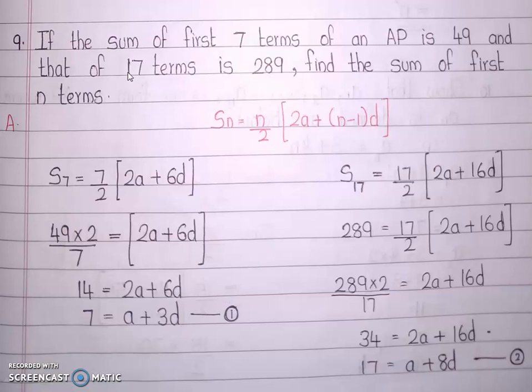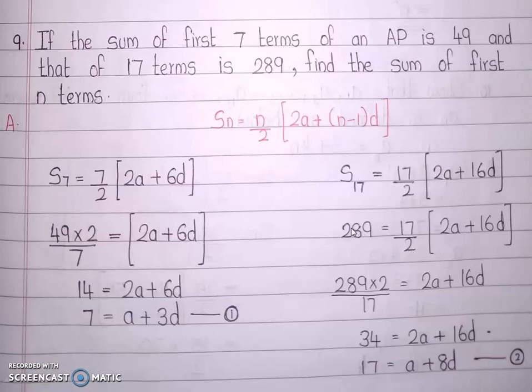Now writing the equation for sum of 17 terms. S17 is equal to 17 by 2 into 2a plus 16d. 289 is equal to 17 by 2 into 2a plus 16d.